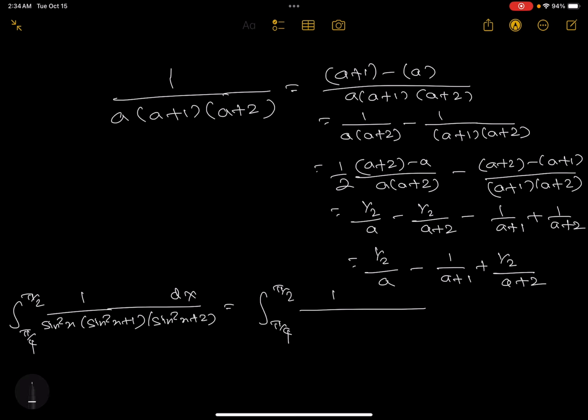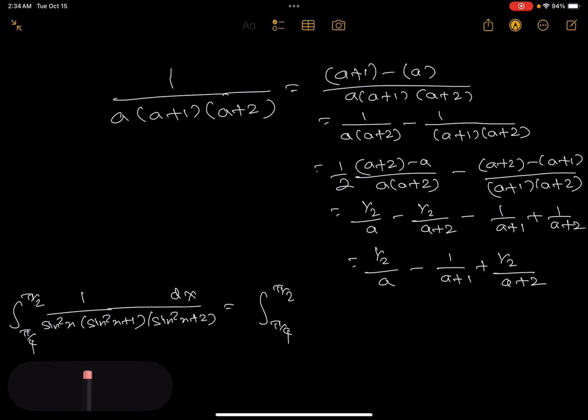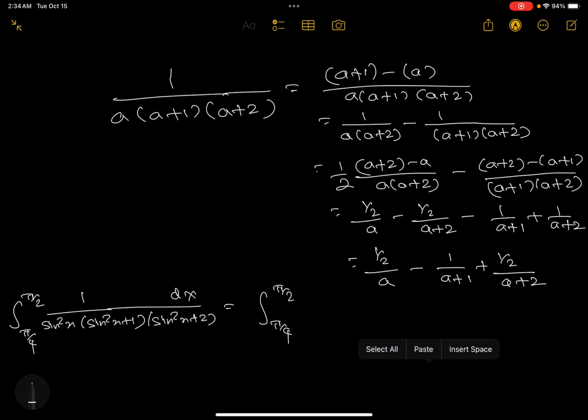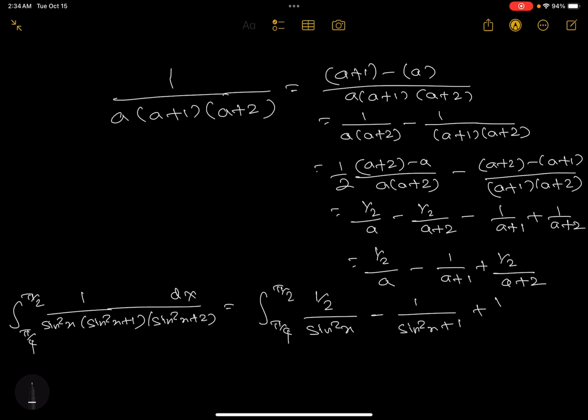I don't need this long denominator actually. This will be equal to, first of all, half by a, which is sine square x, minus 1 by sine square x plus 1, and then again half by sine square x plus 2 dx.